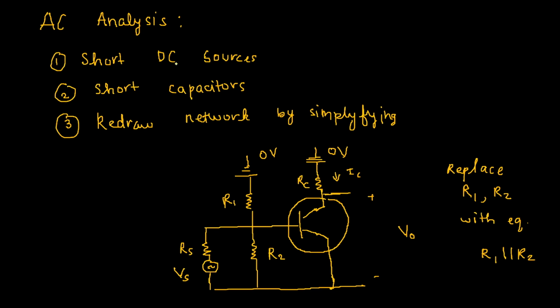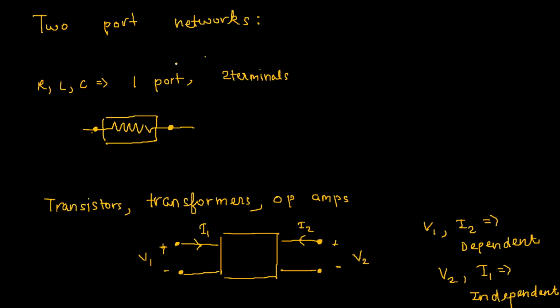So now let's have a look at the basics. These are the basics that you need to know before we start AC analysis because they are essential to actually understand the concept. So the first thing is, what is a two-port network?